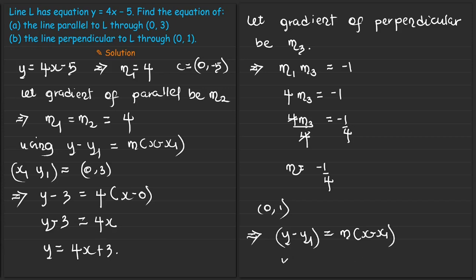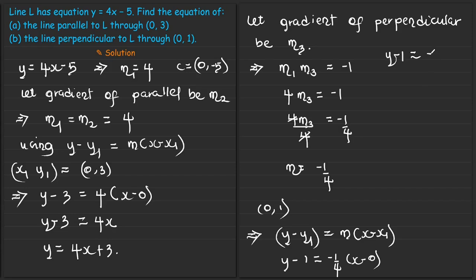Doing our substitution, we have y minus the y1 here, which is 1, is equal to our m, which is -1/4. That is what we have solved over here. Into bracket x minus 0. So we do our simplification. We have y minus 1 equals x minus 0 gives us x.